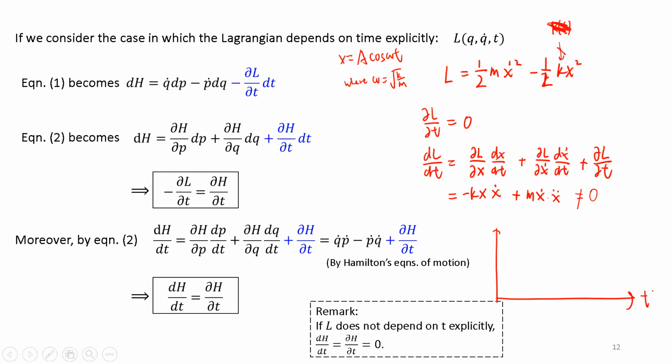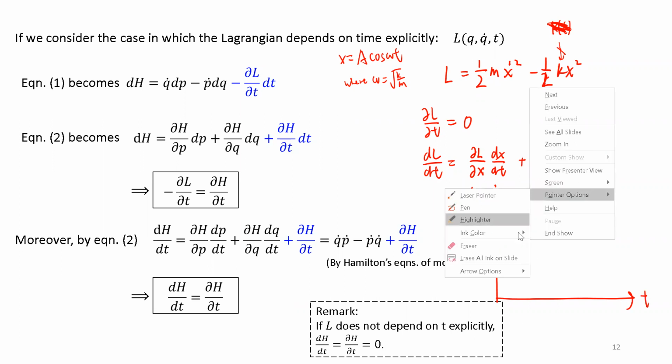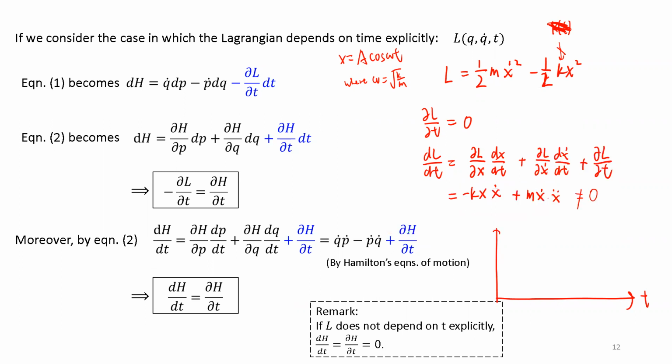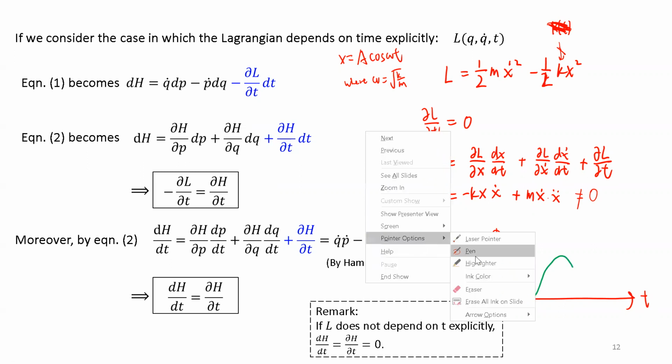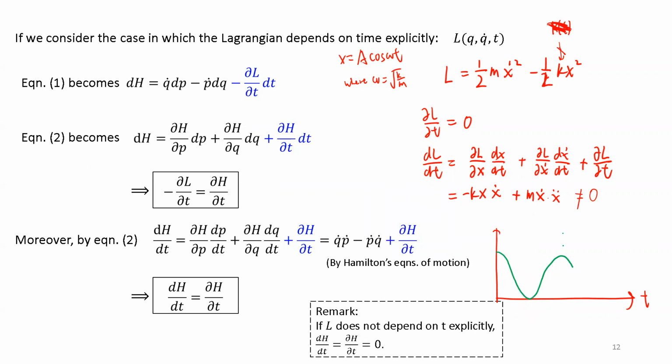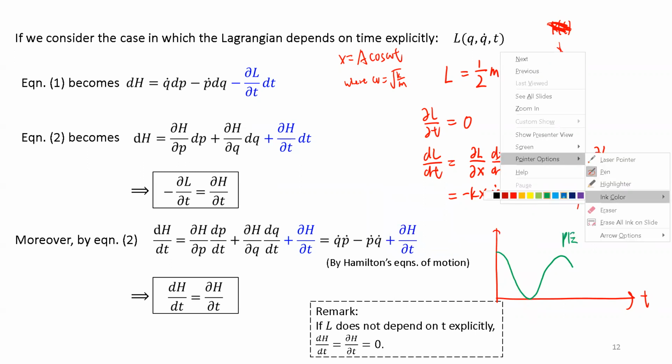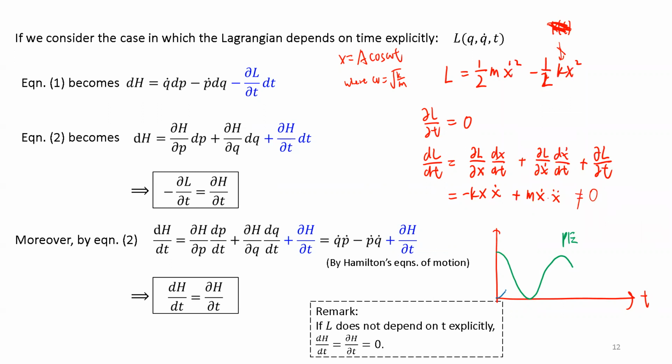Let me draw the PE and KE. If the PE of the simple harmonic oscillator looks something like this, then the KE would look something like this.